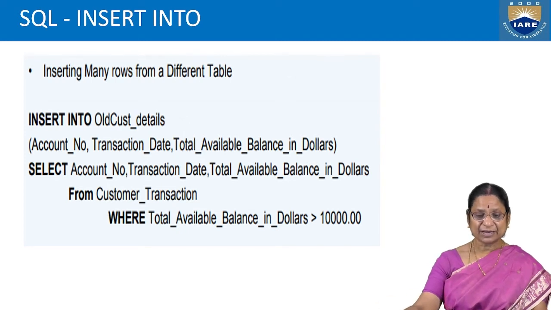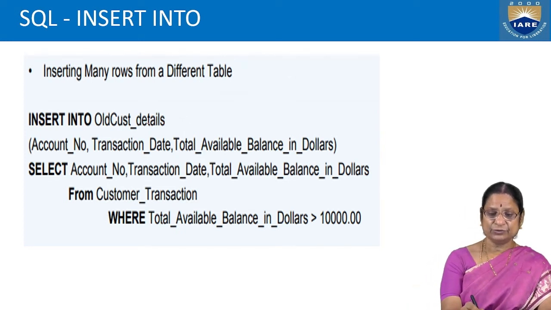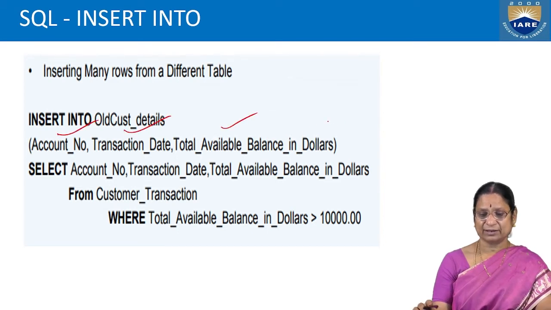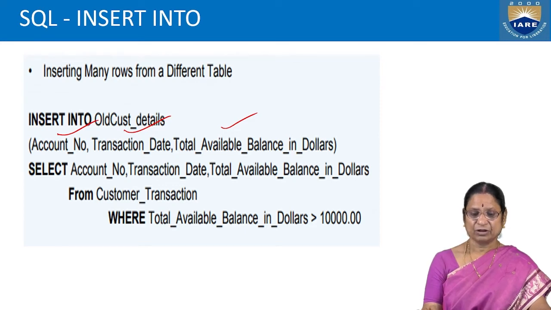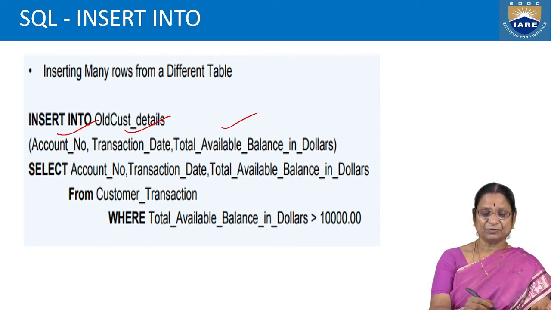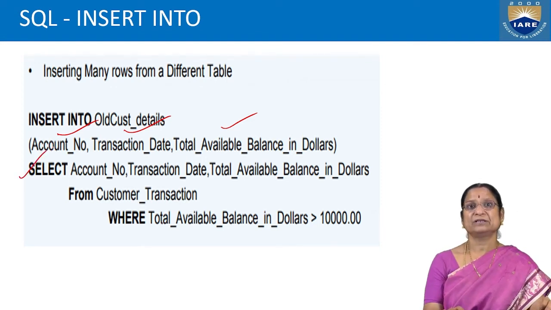So, for example, consider here: insert into old customer details, account number, transaction date, total available balance in dollars. How many attributes are there? Three attributes. How am I providing the data? I am providing data from a query.